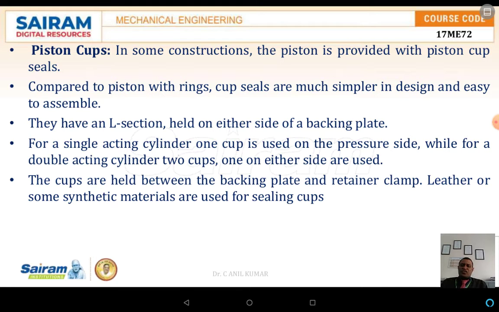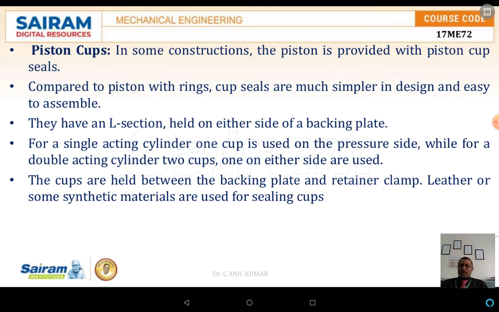The next one is nothing but the piston cups. In some construction, the piston is provided with a piston cup seal. Compared to the piston with a ring, cup seals are much simpler in design and easy to assemble. They have an L section held on either side of the blank plate.